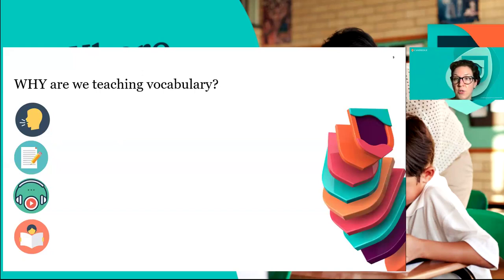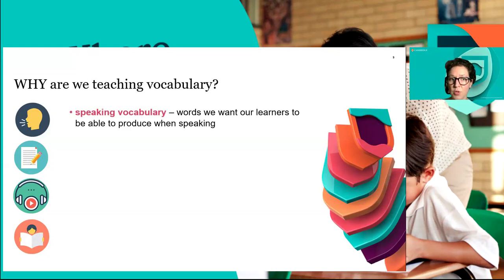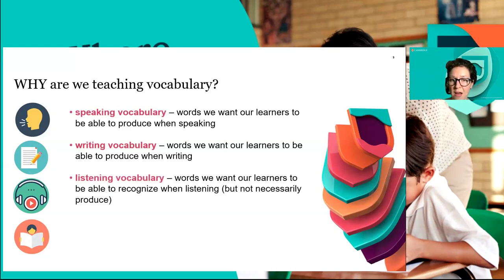And we need to know this is both for young learners, for adults, for teenagers, but this is the idea for teacher. On the first lesson, I teach this vocabulary for students to be able to read, to be able to write, or to be able to recognize when listening.